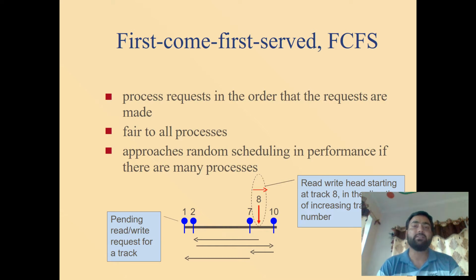So this is a fair algorithm to all the processes, as the block which a particular process requires will be requested first. It approaches random scheduling in performance if there are many processes. That means if the number of processes is large, this algorithm is lacking in performance. That means the performance will be poor.